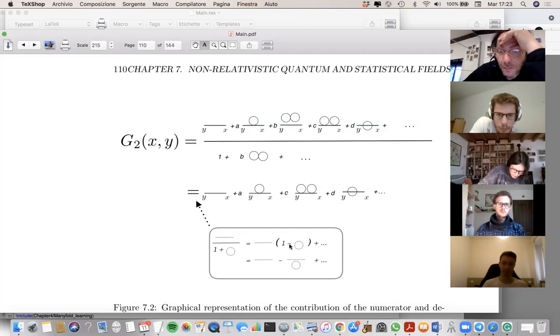But this comes with an opposite sign because of the Taylor property: 1 over 1 plus x equals 1 minus x, up to corrections that are higher order. So order by order in perturbation theory, the term in the denominator goes and cancels out exactly the disconnected terms in the numerator. And this happens order by order in perturbation, that means up to corrections that are higher order in the coupling.